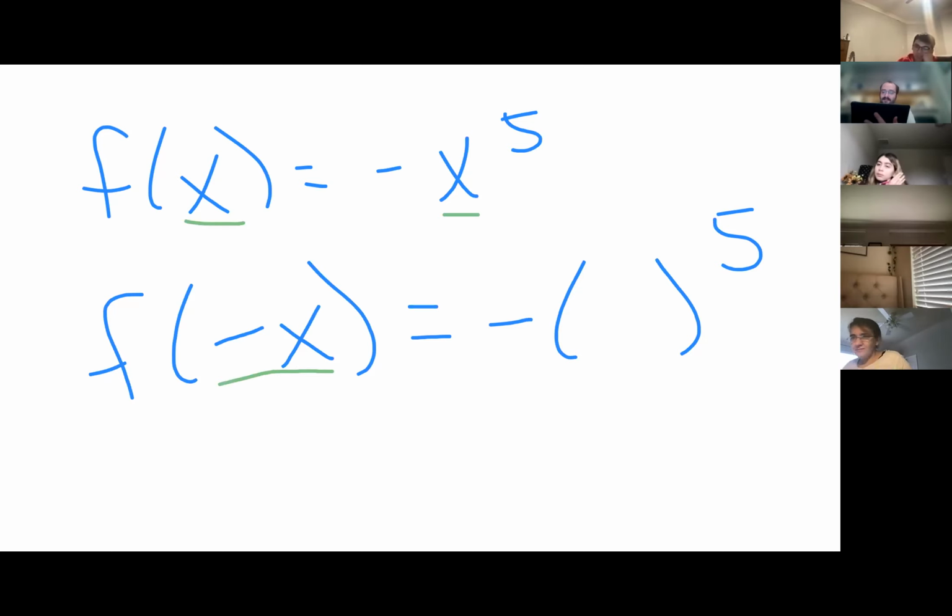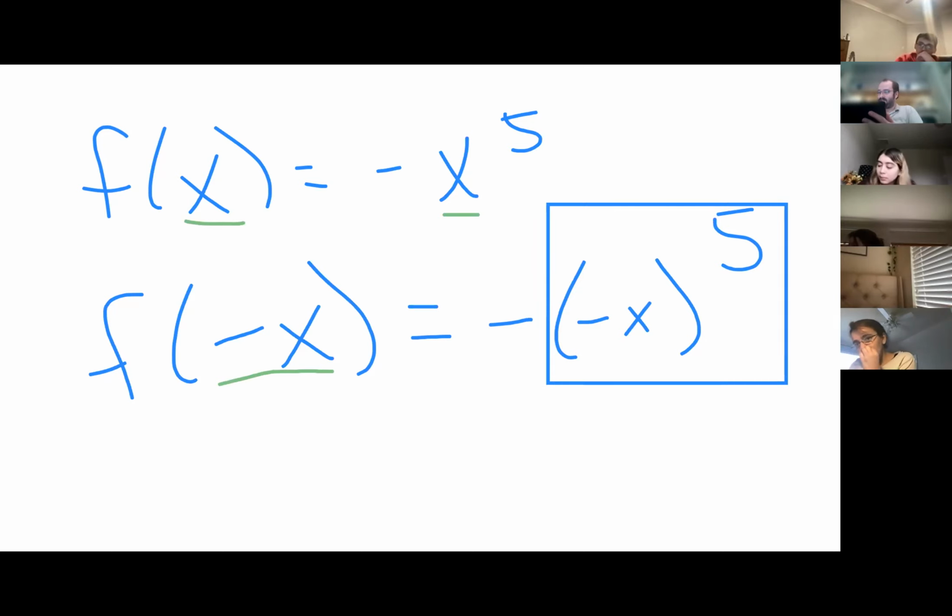So what does that look like? I have a negative x to the fifth. So I want to evaluate just this thing in here. If I evaluate negative x five times, overall, is that negative or positive? It's negative, because I have 5 negatives.